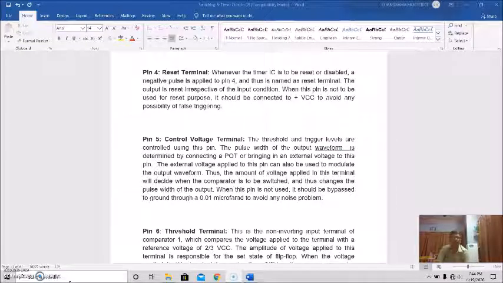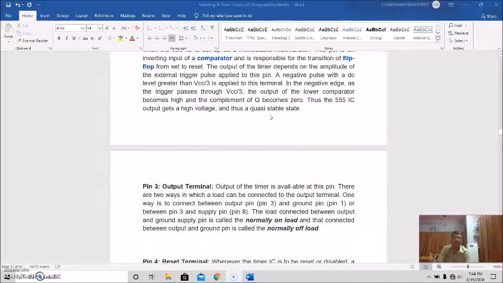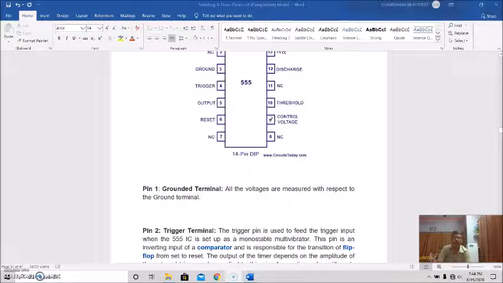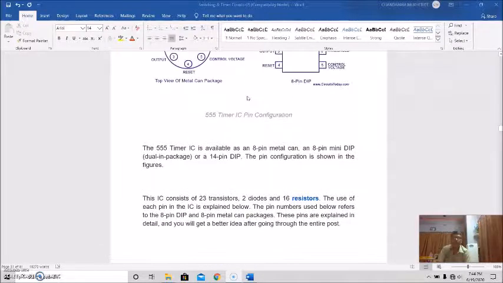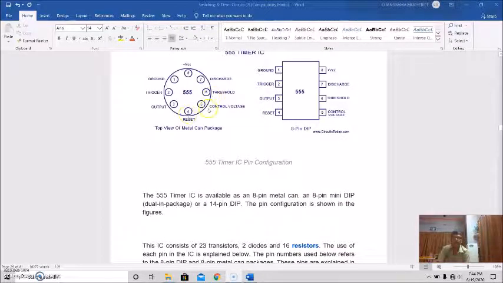When this pin is not to be used for reset purpose, it should be connected to plus VCC, that is the supply voltage, to avoid any possibility of false triggering. Okay, this pin 4 here, reset.